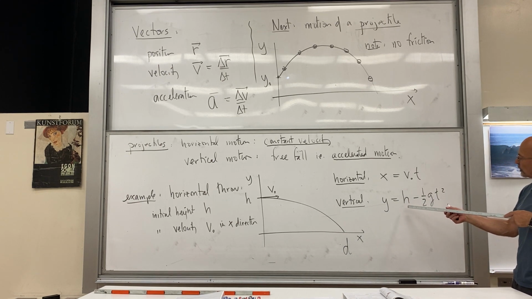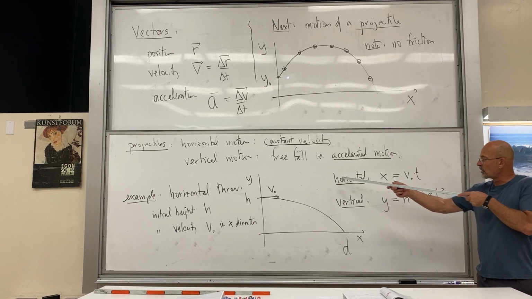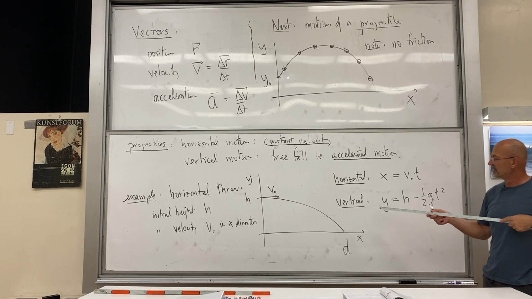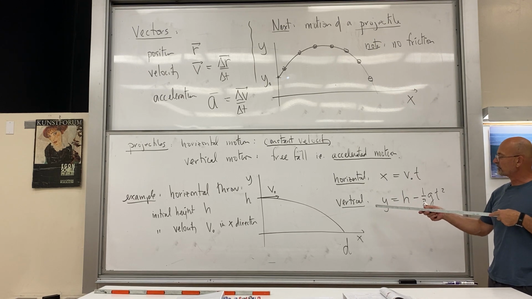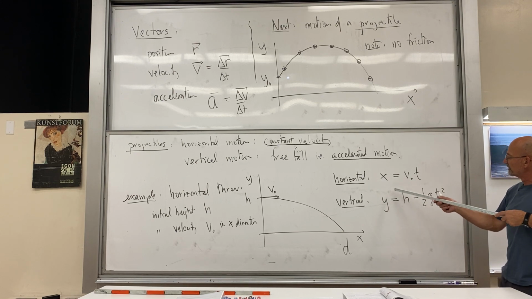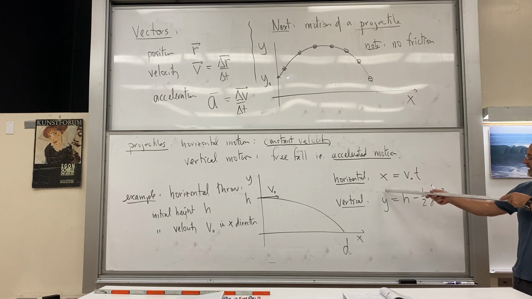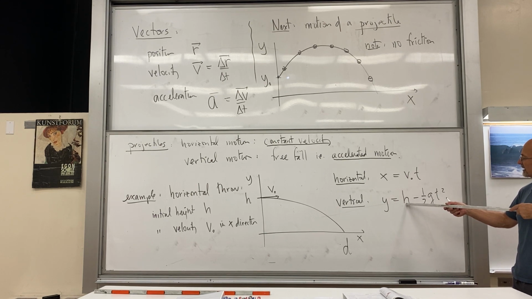This is simply the equation of dropping a ball. The fact that I threw it horizontally has no bearing on the vertical motion because there's no friction. Okay. So these are completely independent, the horizontal and vertical motions, and they're both easy to deal with individually. This one we've been studying, this one we've also studied. Okay.